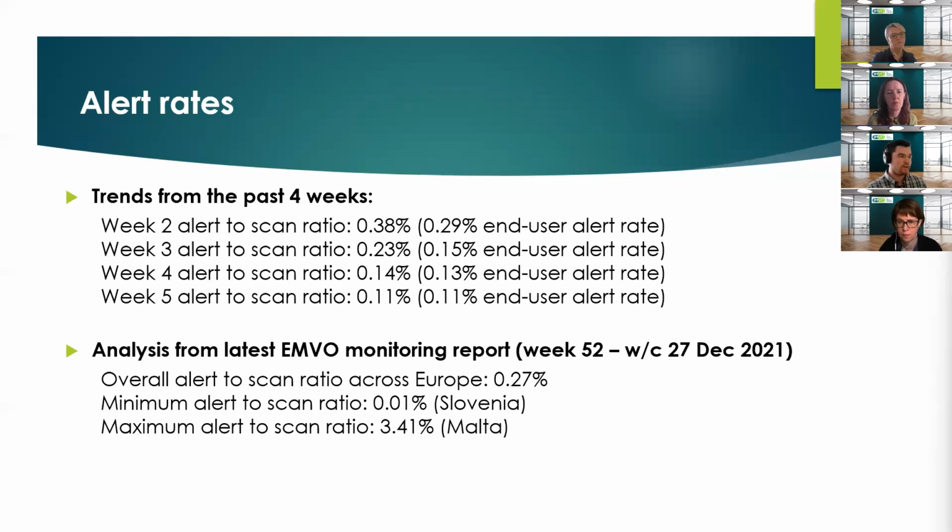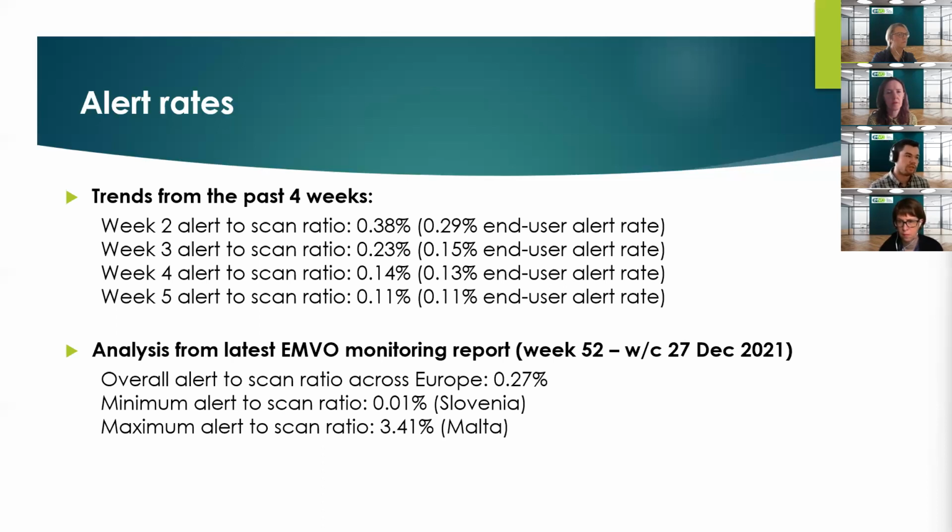And then if we look at the last IMVO monitoring report, taking into account all of the markets within F&D, this was done for week 52, which is a bit of a variable week in general. However, the overall alert rate across all of Europe was very similar to the other reports that came out in the last year, and that was 0.27.